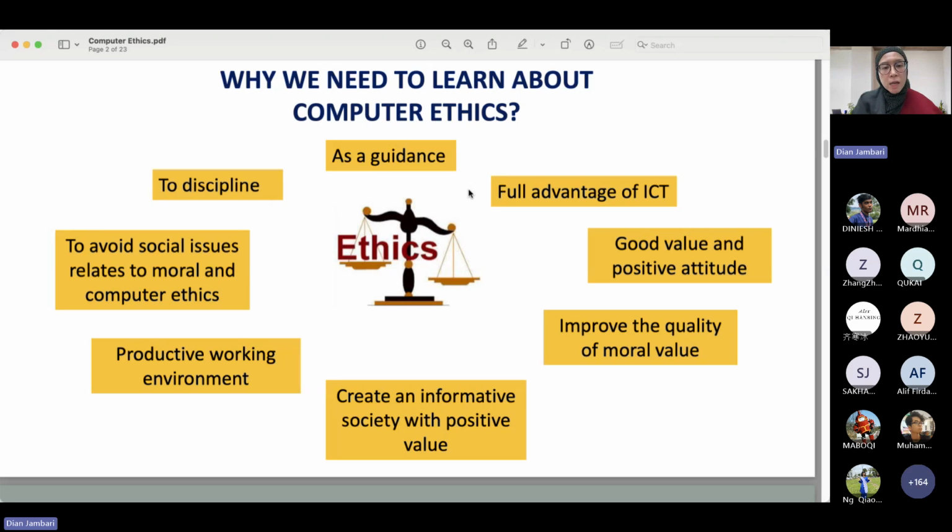More generally, when we have a good understanding and awareness of computer ethics, and we become computing or IT professionals working in a team or an organization, good computer ethics helps you to become a member of a productive working environment.